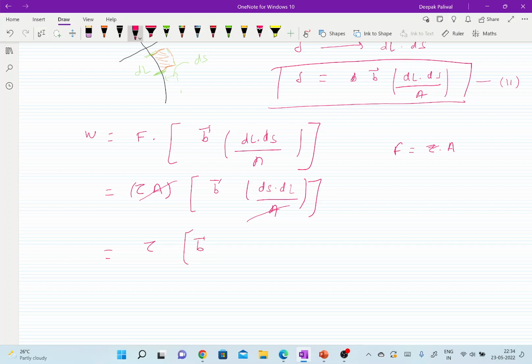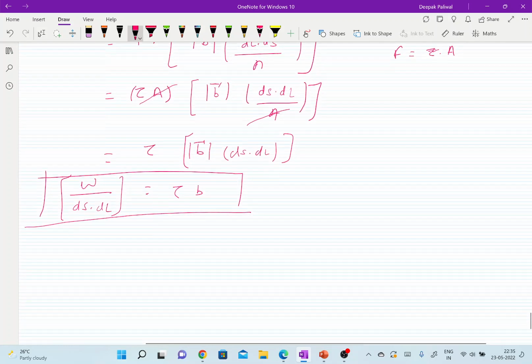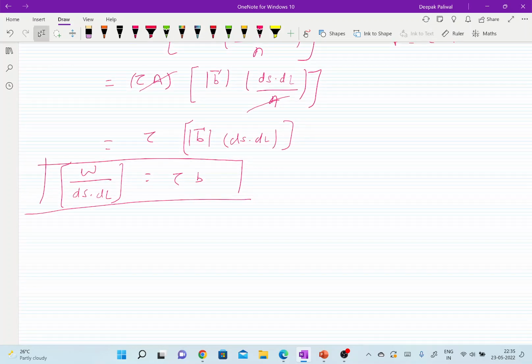Tau b ds dot dl. Put this value of ds dot dl here, and we finally will have this. We are talking about the magnitude of the Burgers vector here. So tau b. So here what we can see, this equation is representing what?